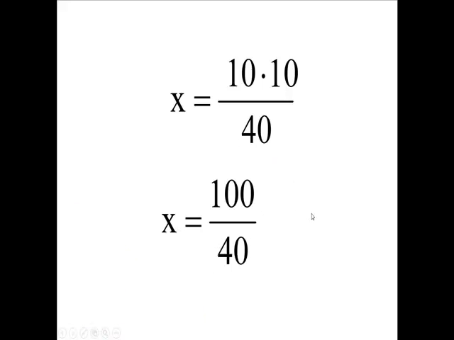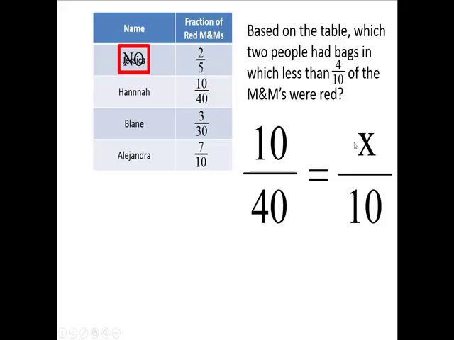And that's going to go 2.5 times, 2.5. So go back to my fraction, replace the x with the 2.5. Now these are like, and 2.5 is less than 4. See how these fractions are like? 2.5 is less than 4, so we're going to get a big yes for Hannah's.